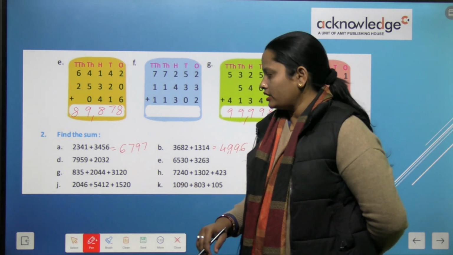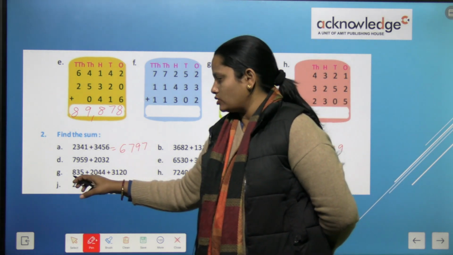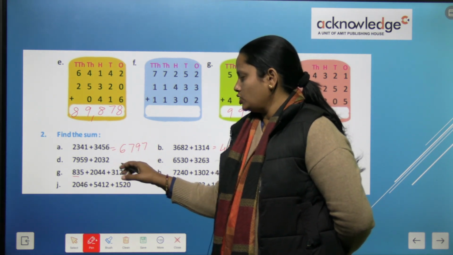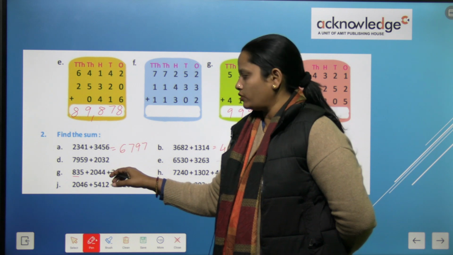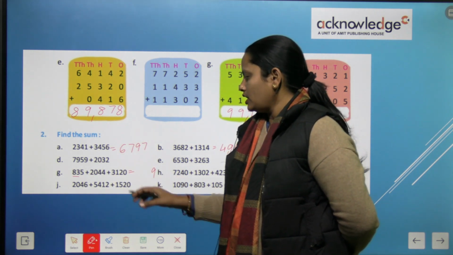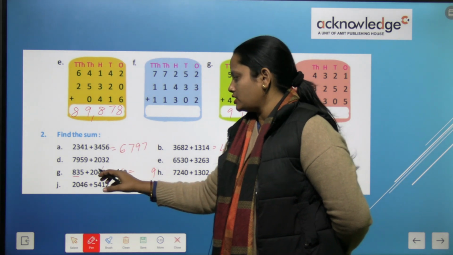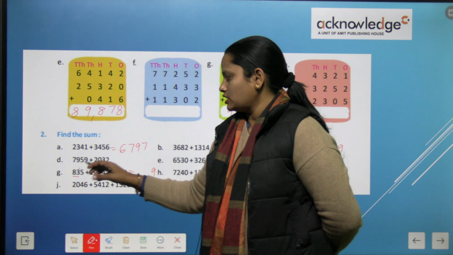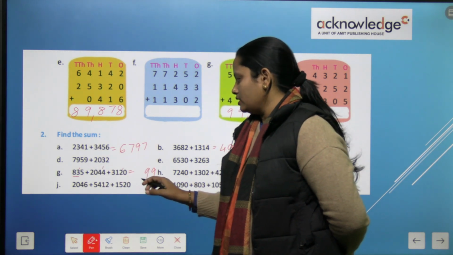Now let's do this G part. Here we have to add these three numbers. So it has only 3 digits. So let's start adding. 0 plus 4 is 4 and 4 plus 5 is 9. Next, tens digit. 2 plus 4 is 6 and 6 plus 3 is 9 again.